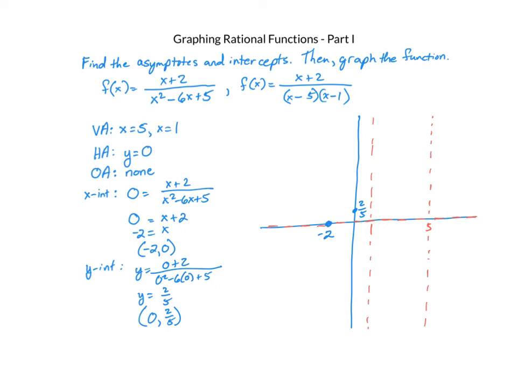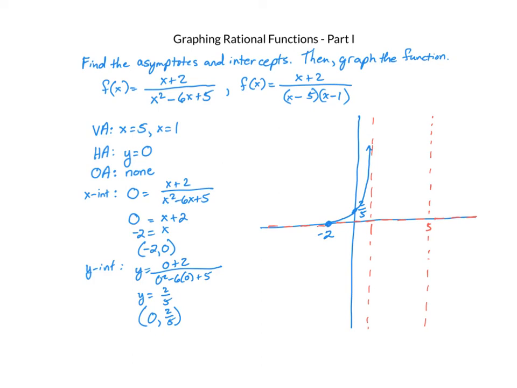So here we go. Let's start to the left of 1 because we can see how the graph has to look. From -2 to the right, it has to come up toward this y-intercept. It cannot turn down and head toward the vertical asymptote going down because then it would have to cross the x-axis. So it must continue going up toward our asymptote.